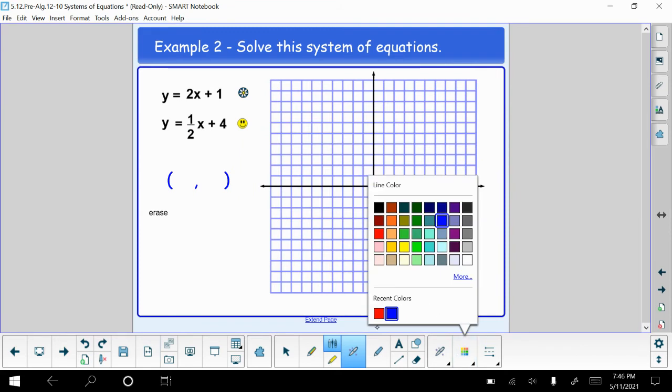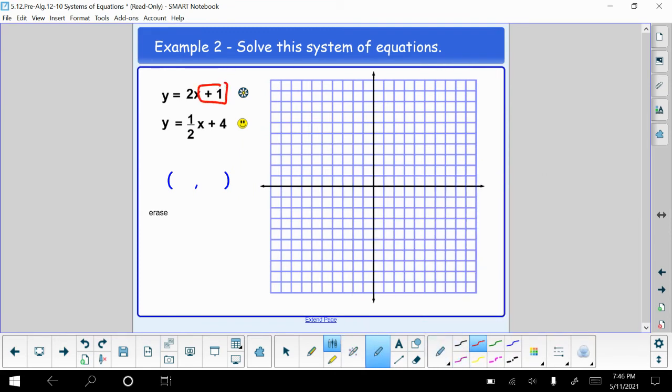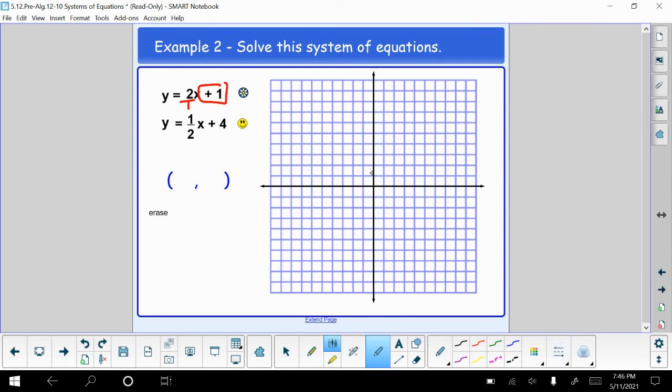Let's do it again, shall we? Starting value, positive 1, slope 2 to 1. Positive 1 being the y-intercept, place that point right there. Up 2 and right 1, a rise of 2 and a run of 1, a rise of 2 and a run of 1, and so on.